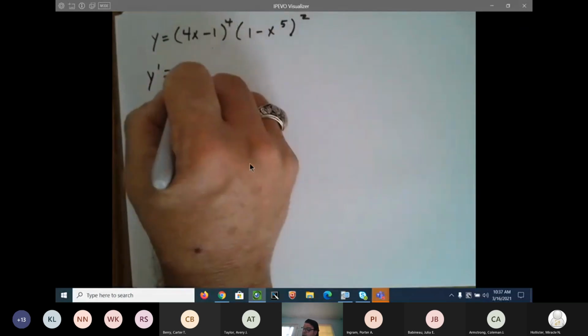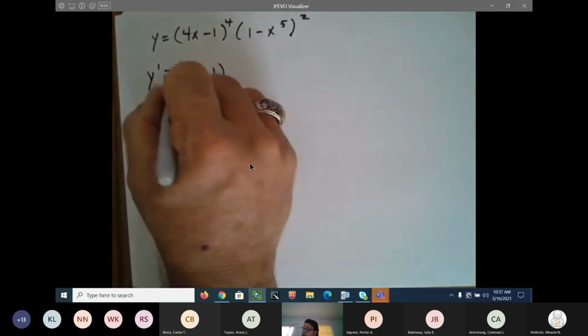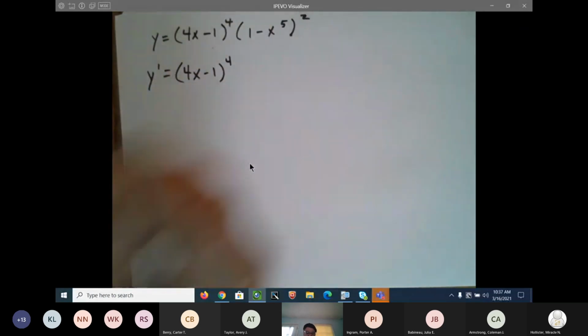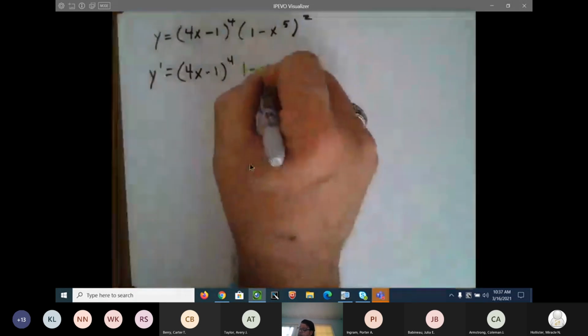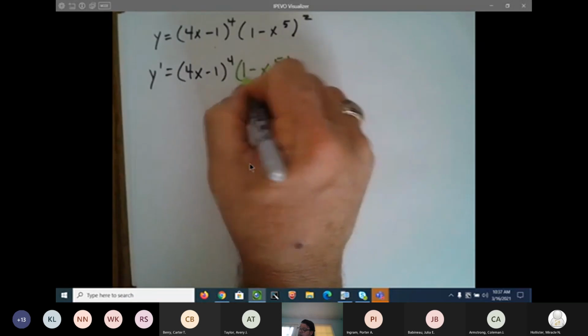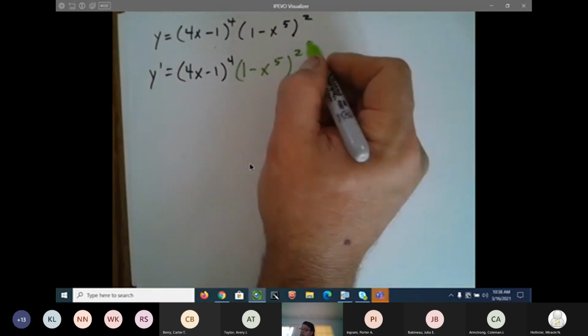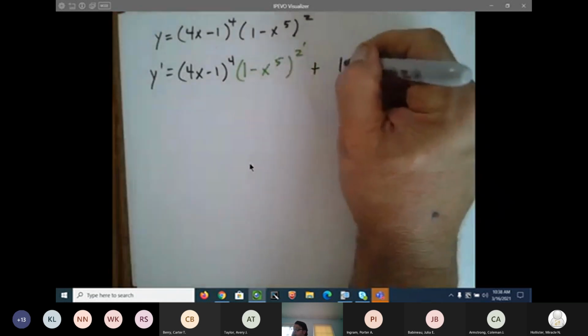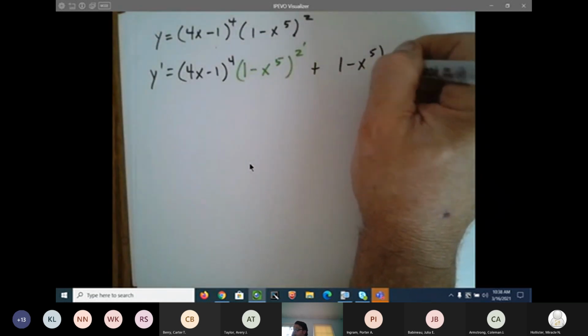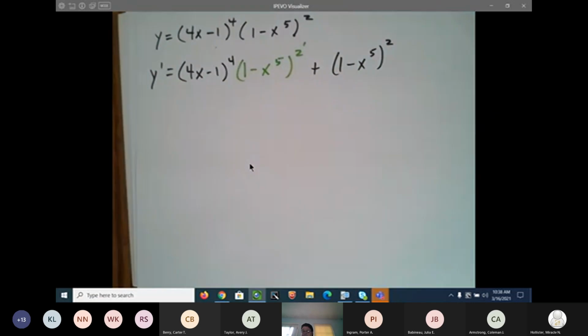First, I like to use my colors. I'm going to start using my colors again. The first times the derivative of the second, plus the second times the derivative of the first.